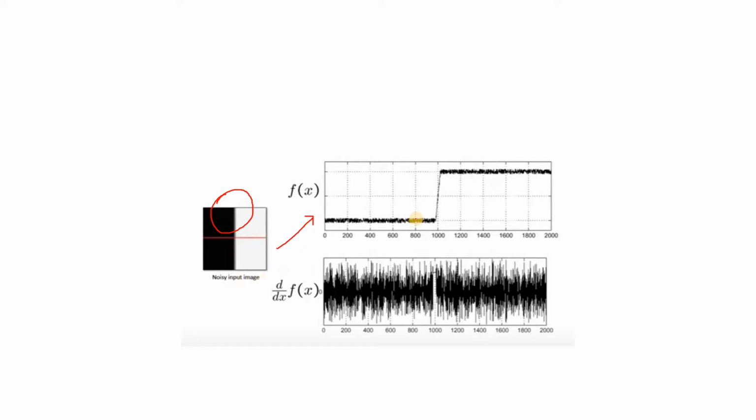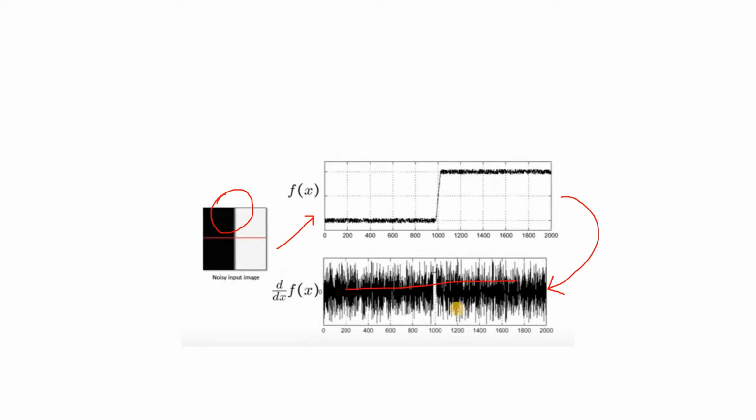I have already discussed in detail in my previous video what problem you get if you take the derivative of this kind of noisy unit step signal. You will not get an ideal unit delta, rather you will get this kind of noisy amplitude signal. So deciding the threshold is quite difficult here.